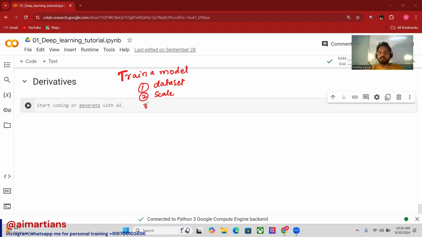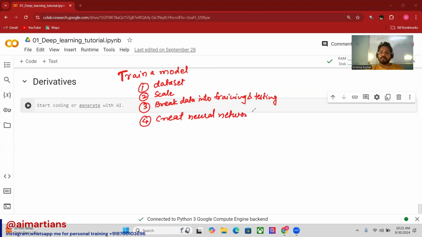Third, break data into training and testing. After that, create a neural network and we compile it.